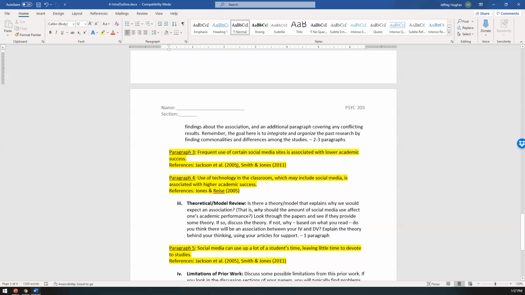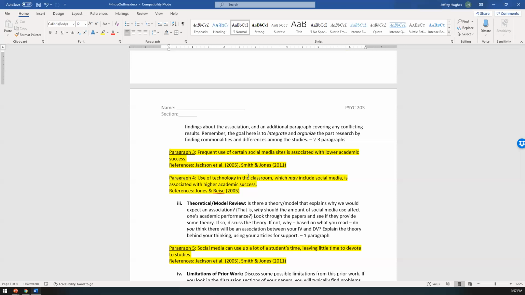And then, as another example, they found another study which showed that, hey, using technology in class, which could include social media, was associated with higher academic success. So actually, maybe it's the exact opposite finding, which is perfectly fine. If you have research that says social media impairs self-esteem, and you have some studies that say, hey, it actually shows benefits.